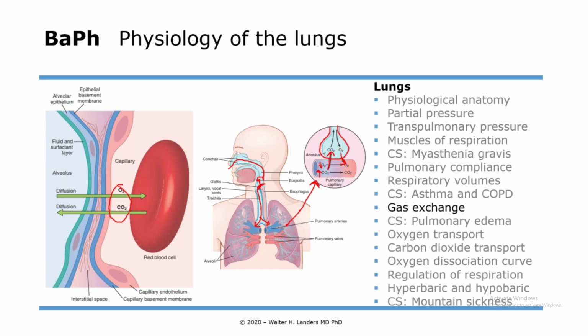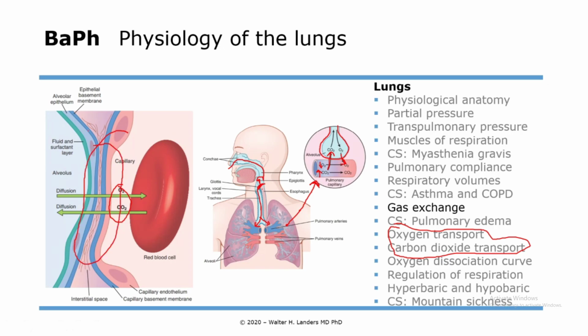And that's for the exact reason that the pressure of oxygen is higher in the alveoli than in the bloodstream. We will come to that when we talk about oxygen and carbon dioxide transport. What's important to know is that diffusion of these gases occurs over the respiratory membrane, which is this entire layer.